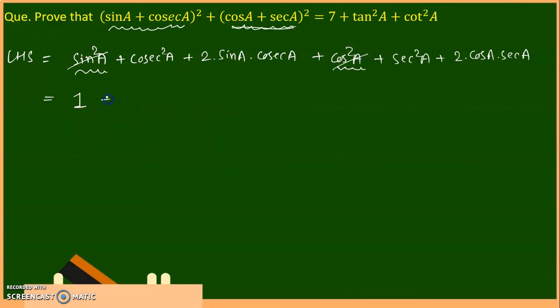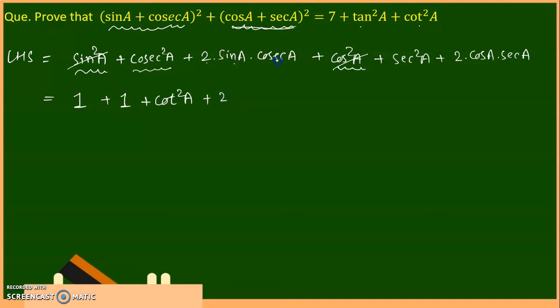Here this cosec square a, and here we want to convert into tan and cot. So cosec square a can be written as 1 plus cot square a, and this is 2.